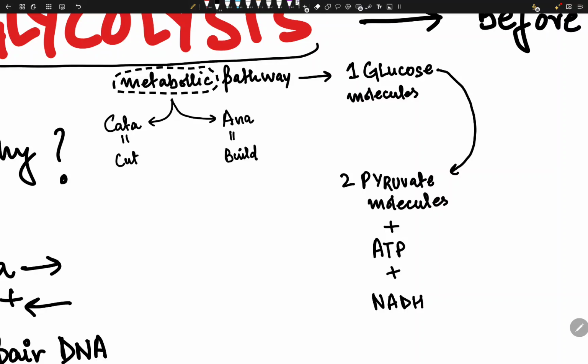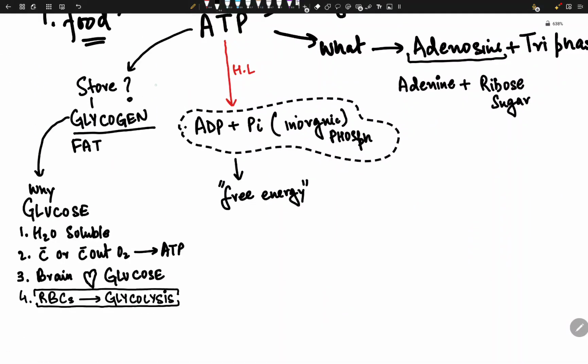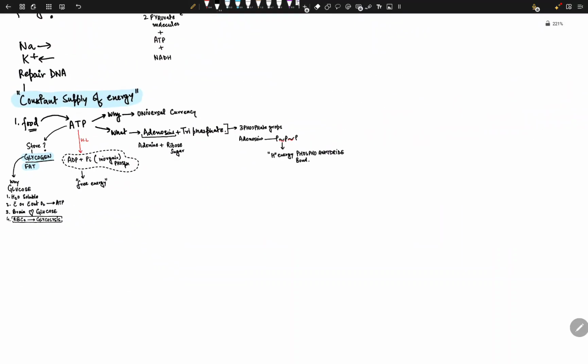What about anabolism? Anabolism is a pathway when we build larger molecules, and that requires energy. For example, deposition of fat. So fat deposition, fatty acid synthesis or glycogen synthesis, these are both anabolic pathways. Okay, so that's important.